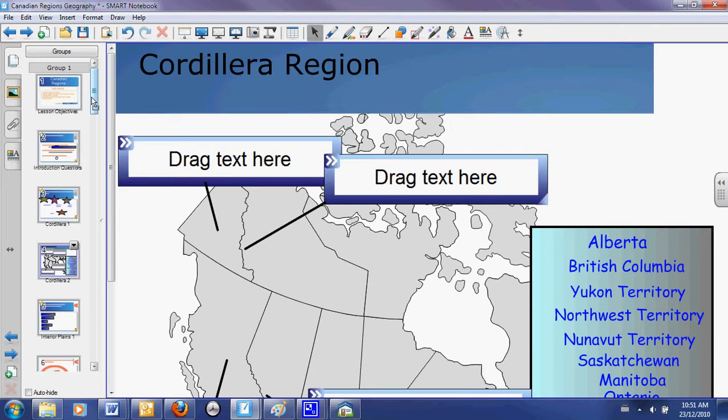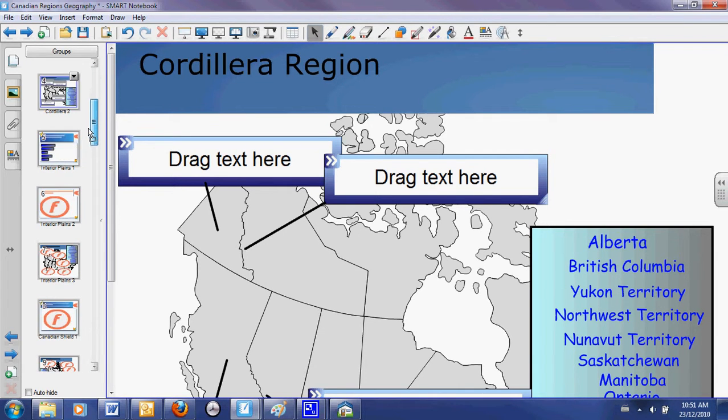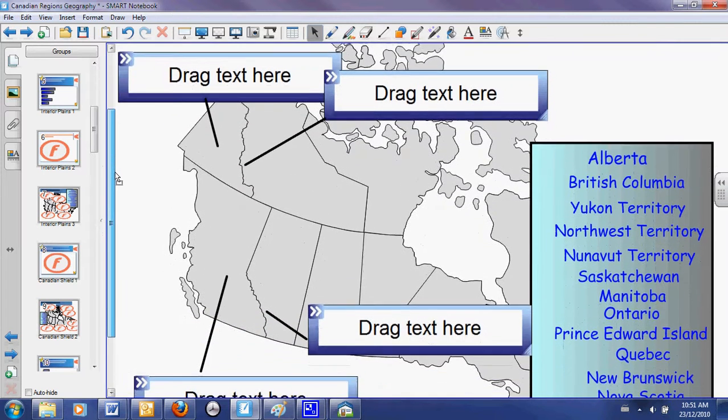The next frame is asking us to identify where those provinces are. This is a question that will come up quite a bit in this presentation, and the provinces are identifying the Cordillera region, the provinces that are in the Cordillera region.